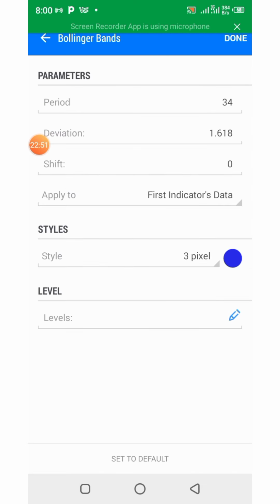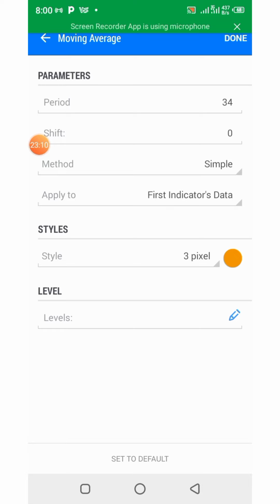Okay, so yes, Bollinger Band 34, deviation 1.618, then shift 0, apply to first indicator, then style is 3 pixel, color is blue, just the way it is. Then you click done, and then there we move.